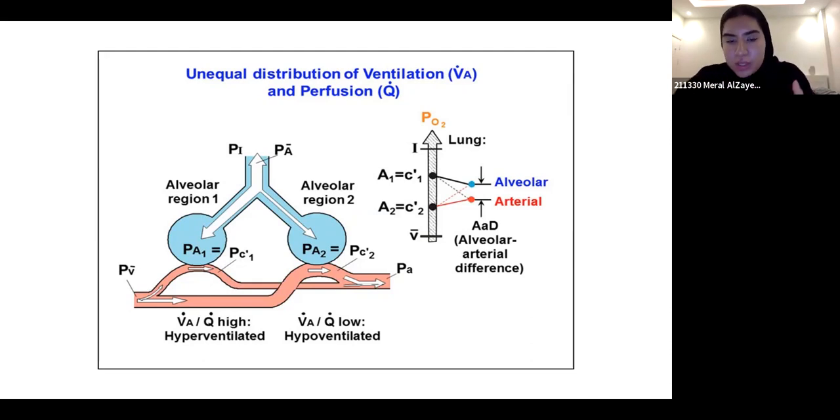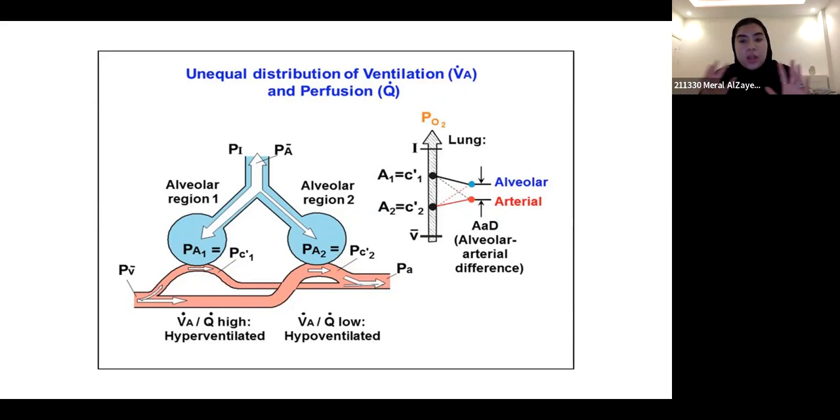Why is it reversed in this case? Because in this specific case, alveolar region 2 is more perfused than alveolar region 1. Therefore, the red dot, or the partial pressure of oxygen in our arteries in our entire body, will be closer to the more perfused one, because as we said, after mixing, it will decrease, but it won't decrease so severely to the point where it reaches the lowest one.